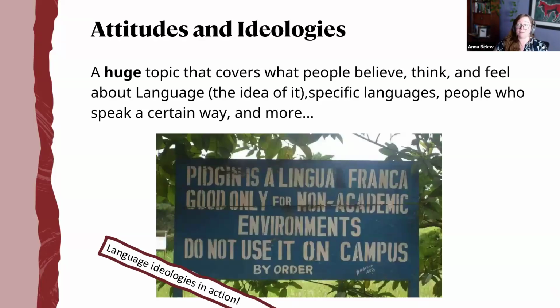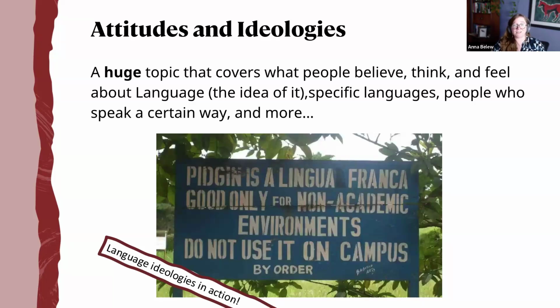Like, I know that when my dad was growing up, if he would not put on a standardized English accent, people would say, you sound dumb, you sound like a hillbilly, right? A lot of negative judgments around that kind of English. And that comes from language ideology.